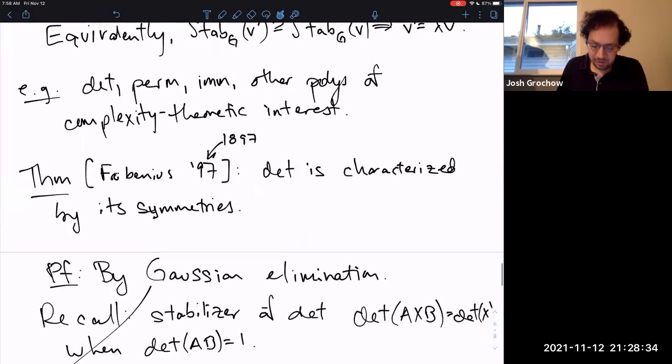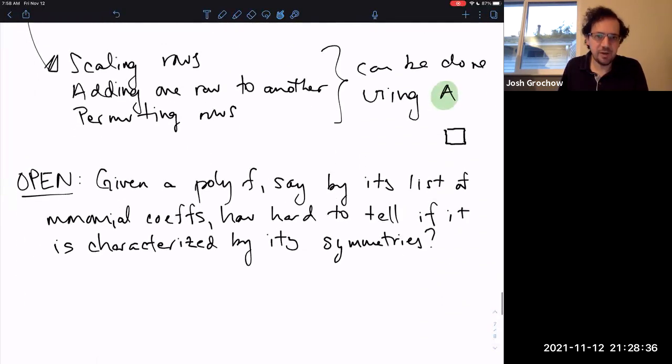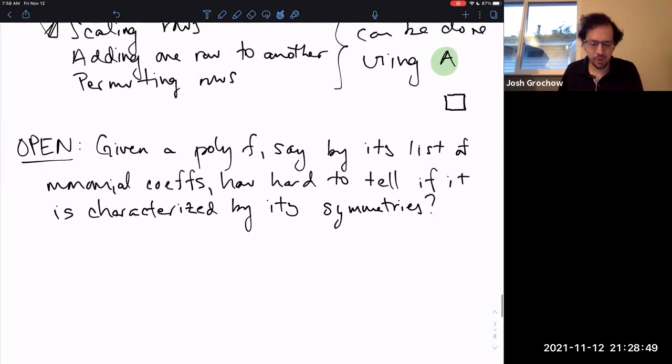But the permanent, you really need the finite part, the fact that you can permute the rows and permute the columns. You don't need transpose for permanent characterization by symmetries either, but you do need to be able to permute the rows and the columns. And actually, it's that finite part that makes this question interesting and difficult.